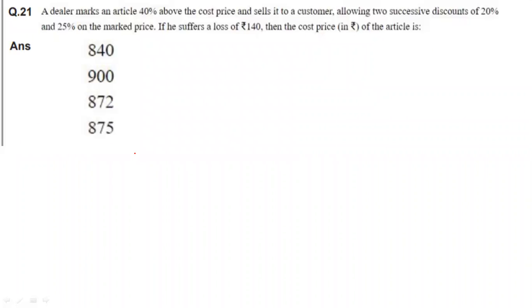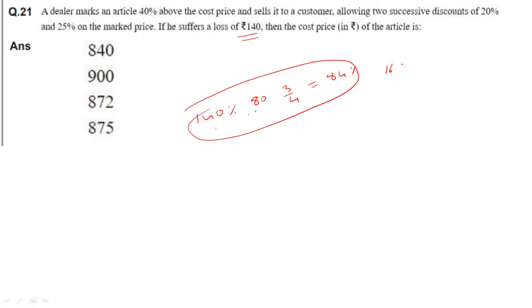A dealer marks the price at 140%, sells at discounts of 20% and 25%. Okay, so what happens? So the price is 140. 14 8s are 112. 112 into 3 by 4 is 84. So he's selling at 84% price. He's selling at 84% price means 16% loss. 16% loss is 140.